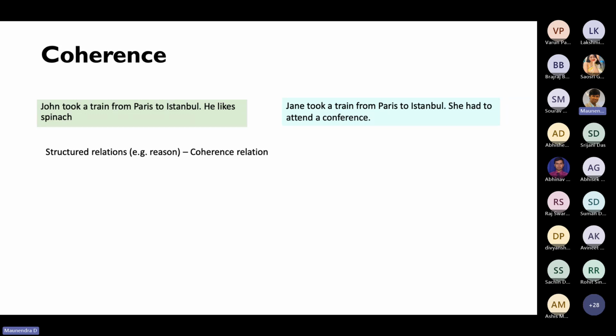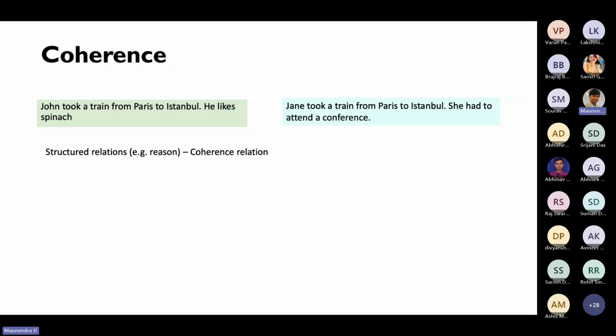If things appear really ad hoc or arbitrary, we say it is incoherent. On the other hand, if there is a nice flow of information and everything stands together, then it's a coherent text. So coherence is a very important property in language.